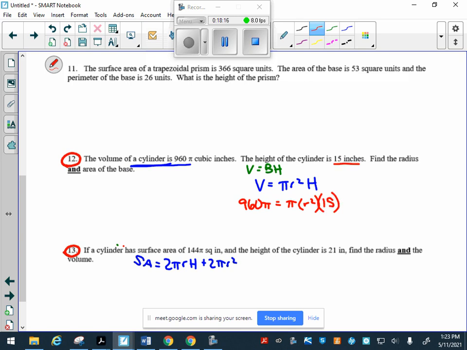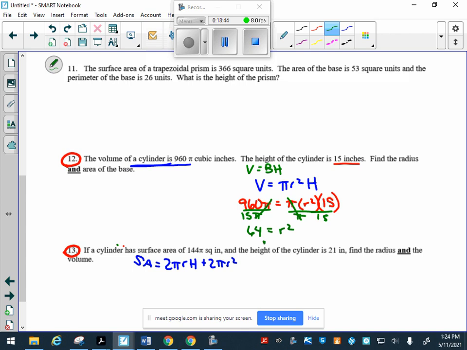So to solve for this r, we're going to divide both sides by pi, which gets them to cancel, and divide by 15. So 15 into 960 goes 64 times. So 64 equals r squared.